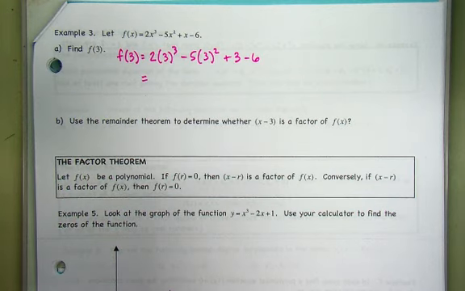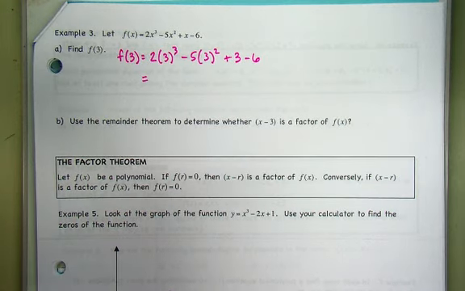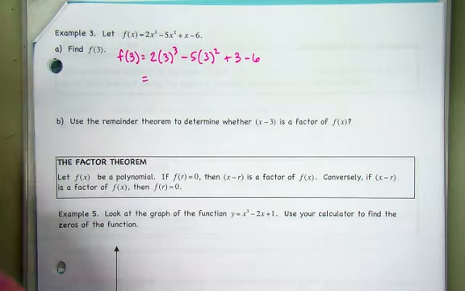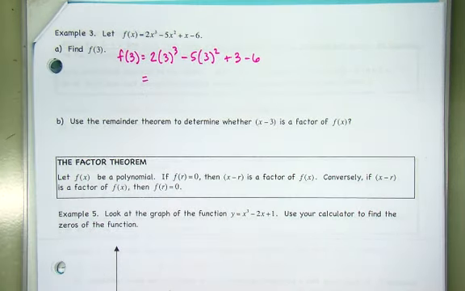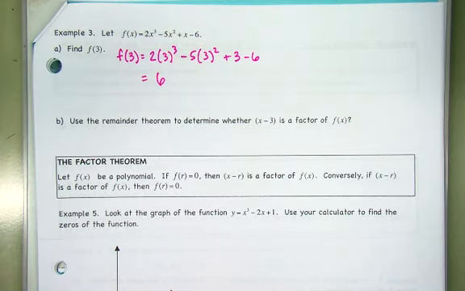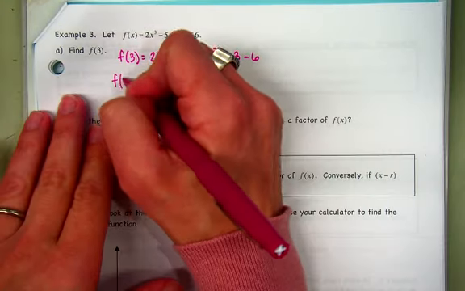Minus times 9, plus 3 minus 6. Did I get 6? What'd you get? 6, yeah, all right. I think you should get 6. So f of 3 equals 6.